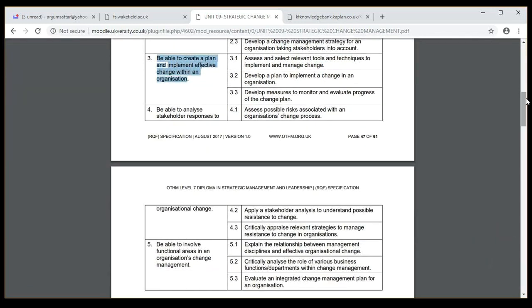Then, be able to analyze the stakeholder response. We need to look around at the stakeholders. Say we want to change from weekly salary to monthly salary because we want to reduce the payroll cost. But this has a huge impact on the stakeholders. Maybe some people will leave the job.